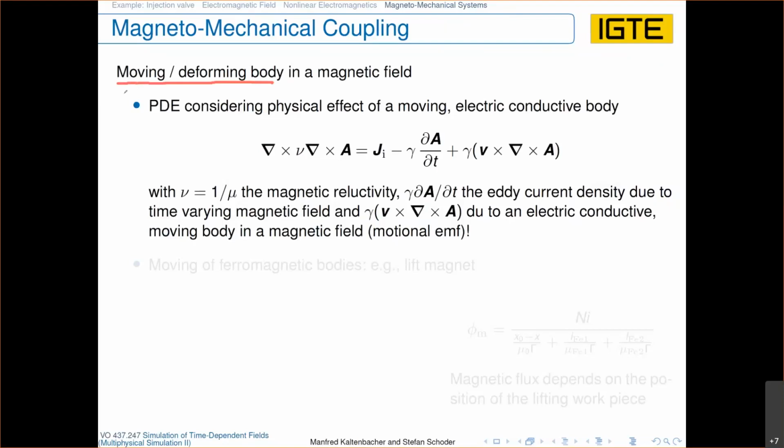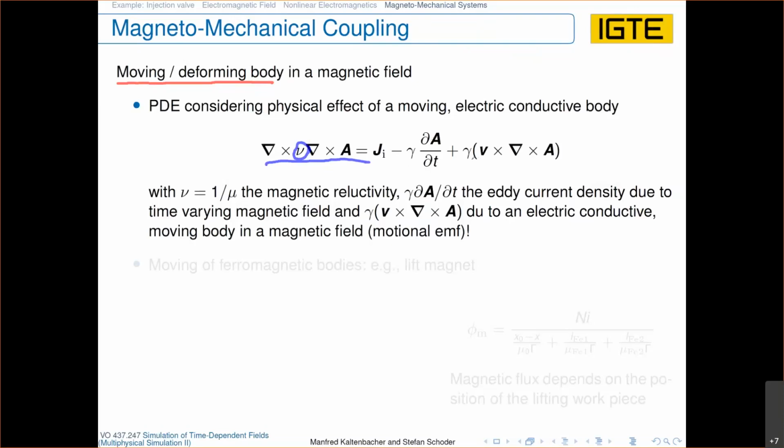So actually we have derived the partial differential equation in this sense that we have here our classical curl-curl operator, where we have the reluctivity as a function of the magnetic flux density, and we have some given current density in a coil, for example. We can come up in any conductive bodies getting eddy currents due to the time change of the magnetic vector potential.